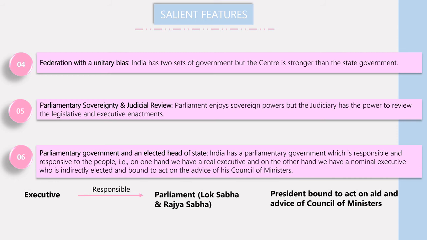The features of parliamentary government in India are presence of nominal and real executive, fusion of powers, majority party rule, Prime Minister and Council of Ministers as members of the legislature, collective responsibility, importance of the Prime Minister, and a responsible and responsive government.